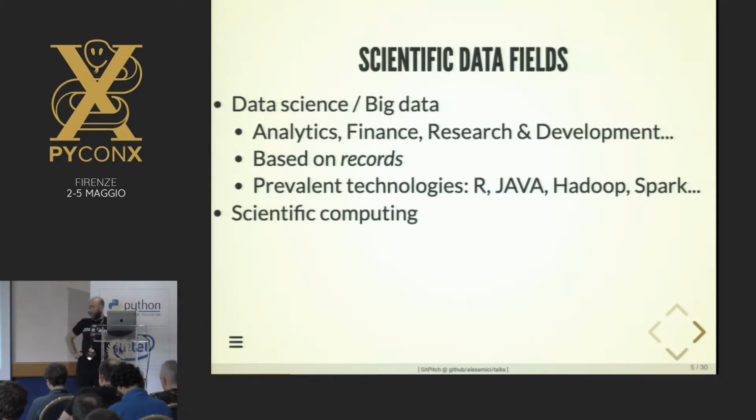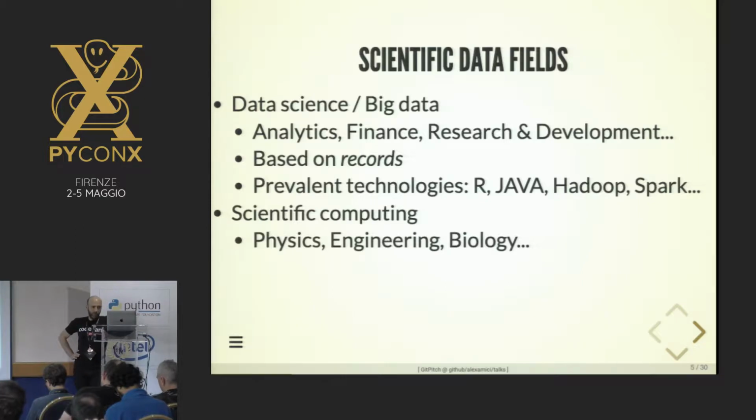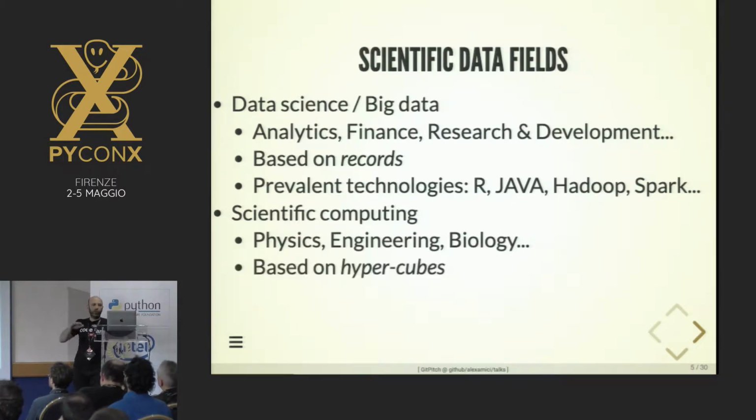Then there is the part that I'm more familiar with, that is scientific computing. This happens in physics, engineering, biology, and everything that uses something that describes the world in 3 dimensions. So it's based not on records, but on hypercubes. So if you want to describe the whole atmosphere of the Earth, you need to have a hypercube, a cube with latitude, longitude, and height, and time, and possibly another time, and a lot of things.